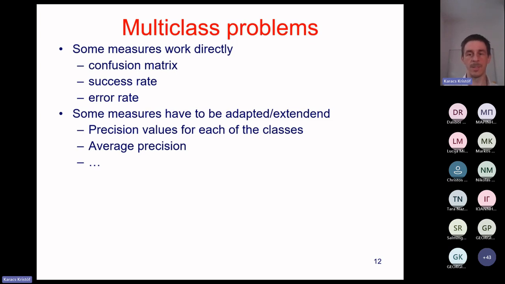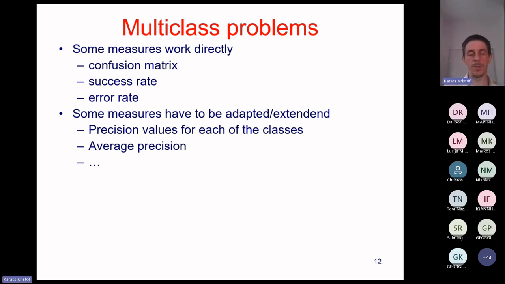We will mention this later as well. Okay, so basic predictors, either for binary and multi-class classifications, can be evaluated this way.